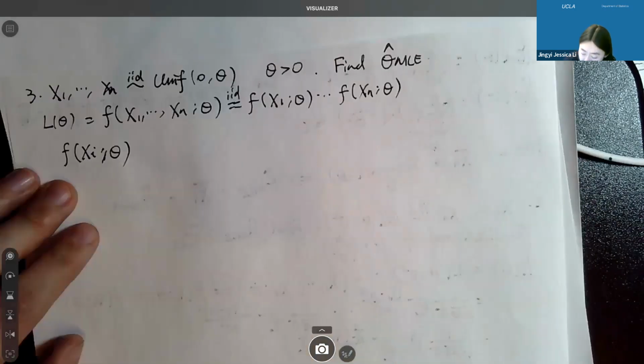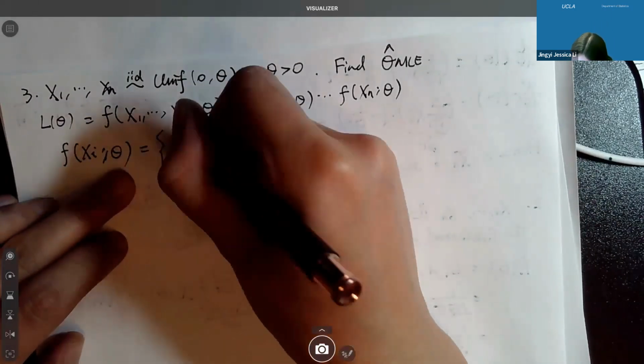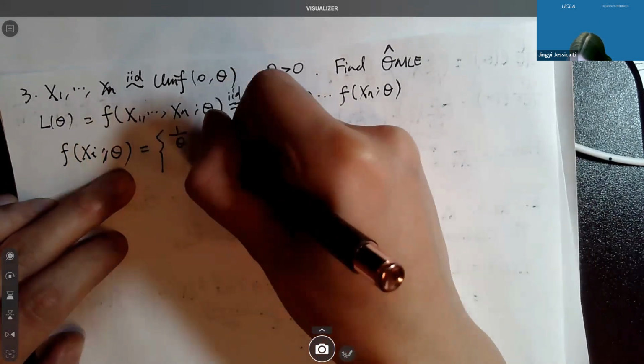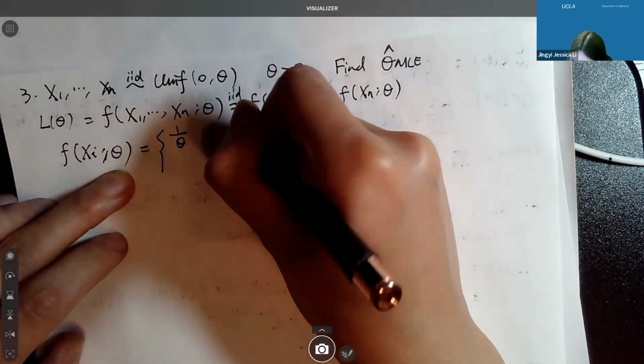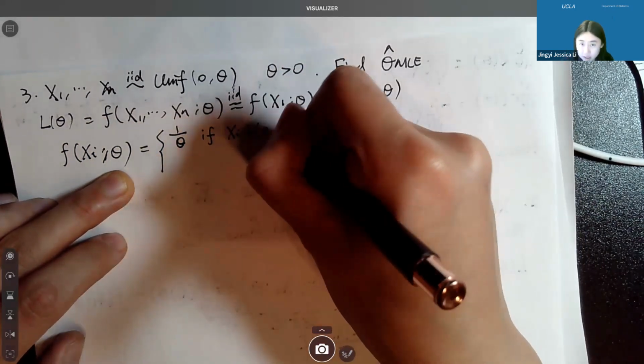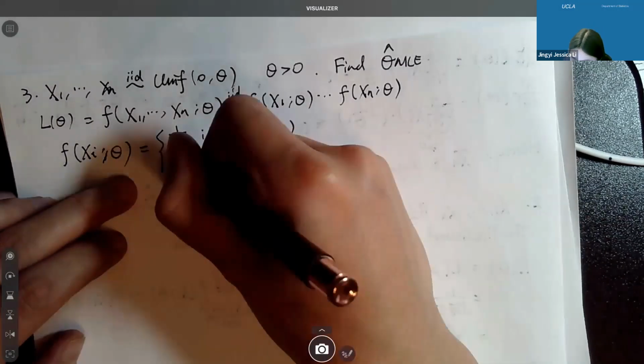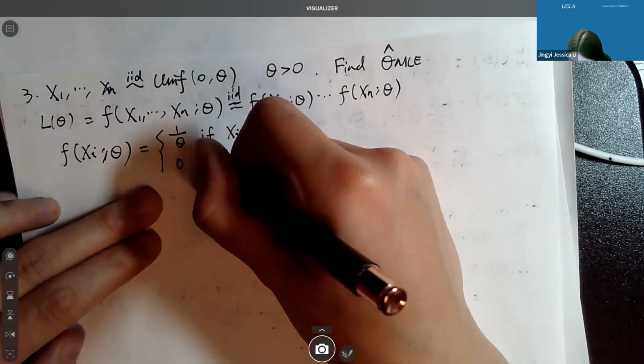For uniform, we actually know that the density is, like I said, 1 over theta if xi is in this interval from 0 to theta, okay? But outside of this interval, it is 0, otherwise.